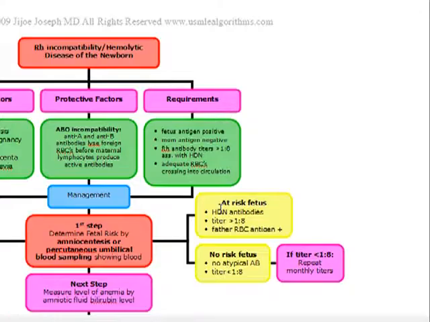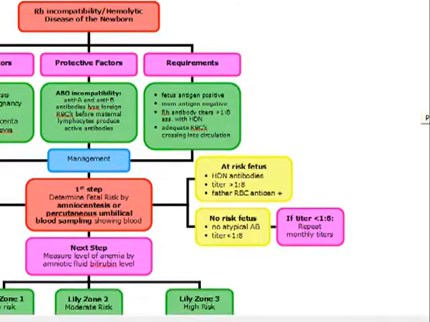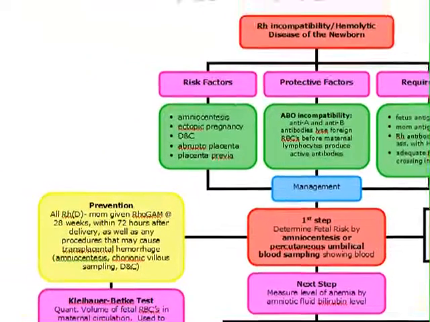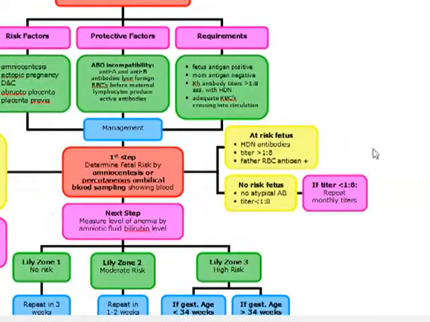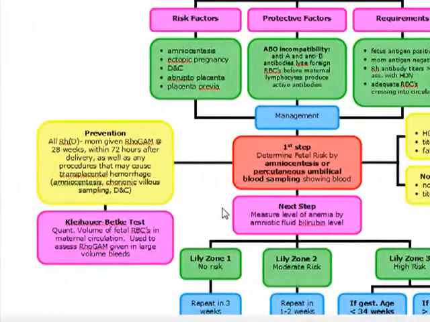So what do we do to prevent this? We just learned how to manage it, and we want to prevent this by giving RhoGAM. RhoGAM is pooled anti-D IgG passive antibodies, given intramuscularly to pregnant women when there's a significant risk of fetal RBCs passing into the circulation.